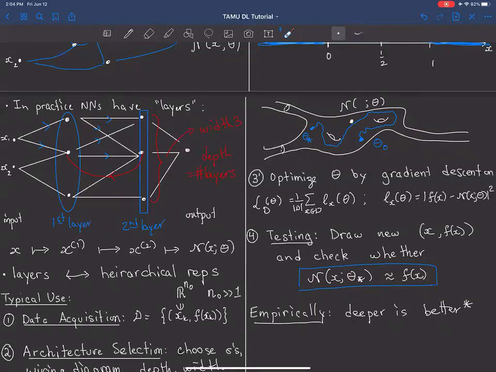The other is the number of data points that you have. And in the regime where the number of parameters in your network is much larger than the number of data points, then you can say a lot about optimization. And you can say some things about generalization, but less, unfortunately.